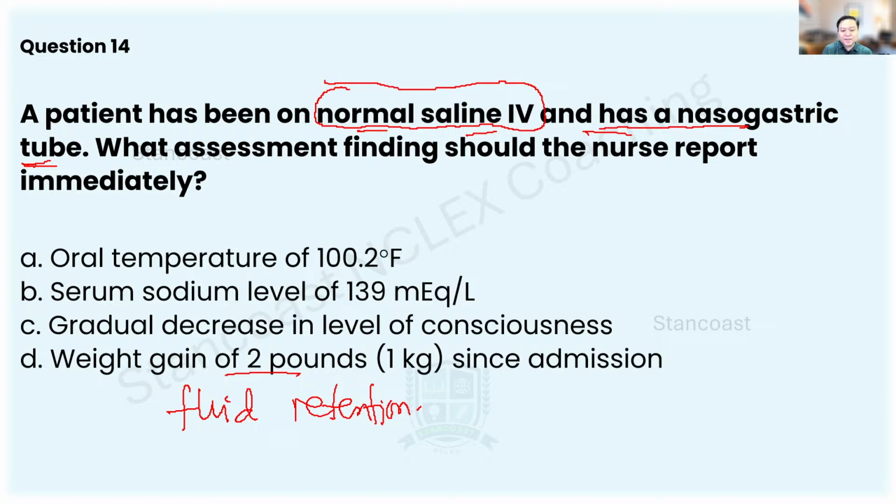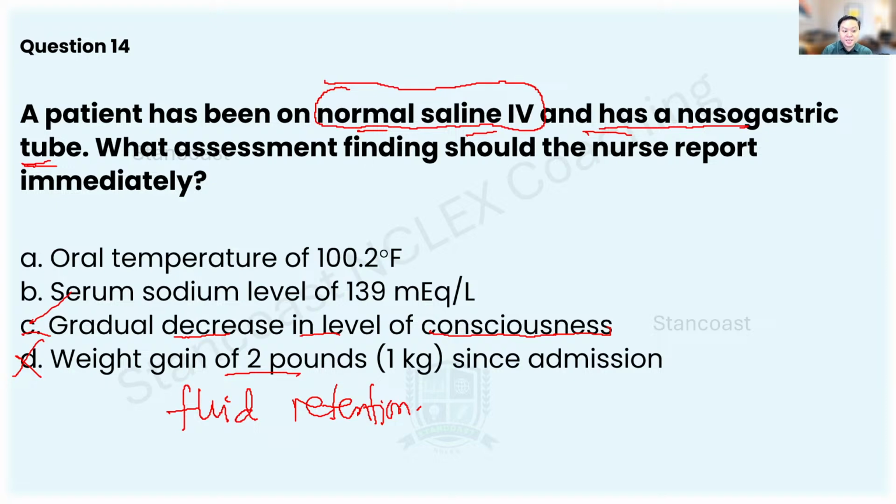But if you are going to compare it to letter C, which is gradual decrease in the level of consciousness, this is a big deal, right? This is a major issue. What do you think is happening in our patient with a gradual decrease in LOC?